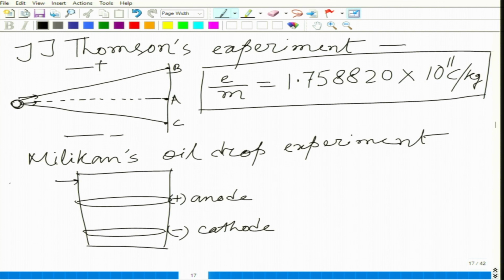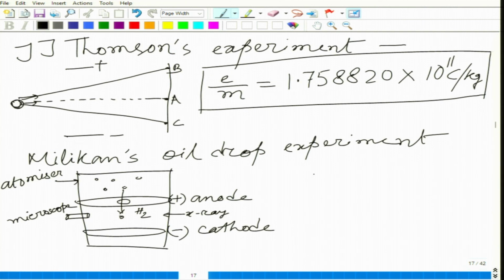There was one atomizer which introduced oil droplets in the form of mist into this chamber, and the anode contained a hole from which a single oil droplet came to this chamber at one point, and this chamber had X-ray and some gas like H2, and this oil drop was observed through a microscope.